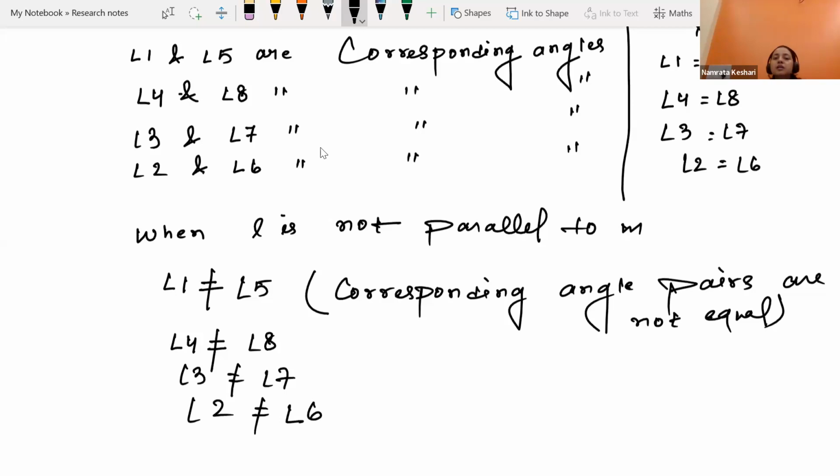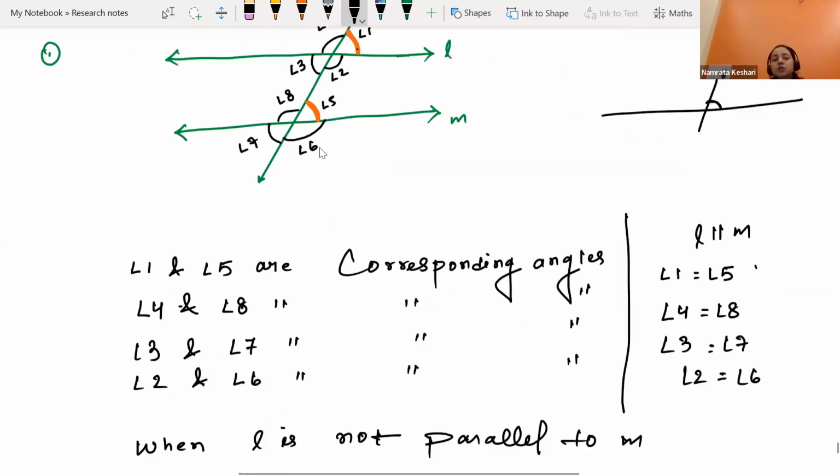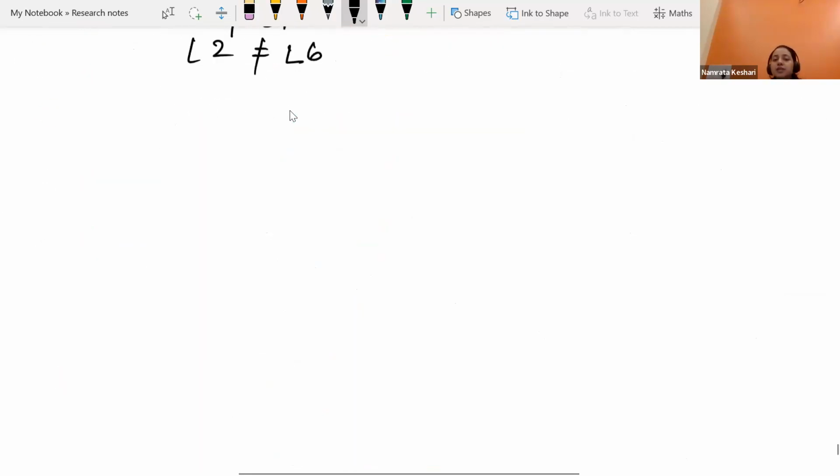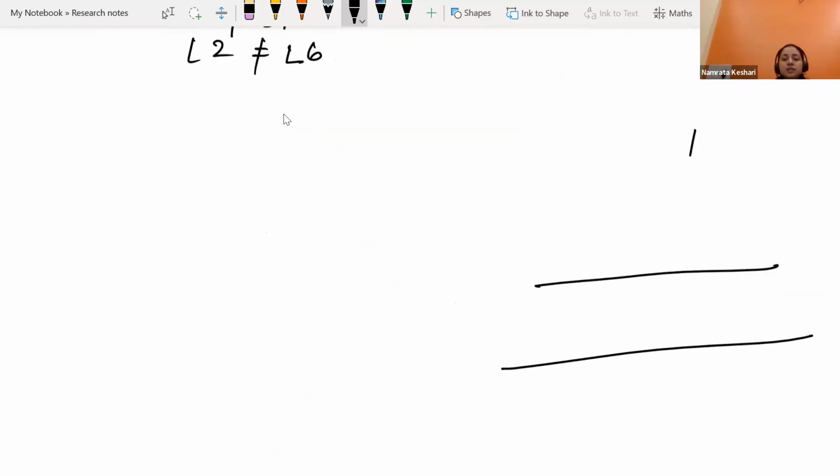Now let me show you one of the cases. Whenever you have two random lines, there is a transversal. You don't know whether these two lines are parallel or what. M and N are the names. You don't know whether it's parallel or not, but I'm saying that this angle, let's say, is angle 1, and this angle, let's say, is angle 2.